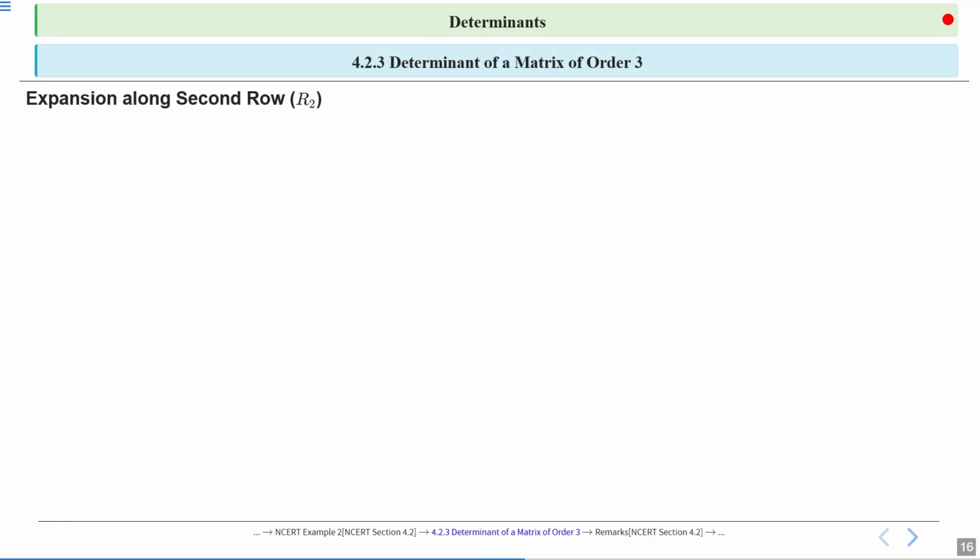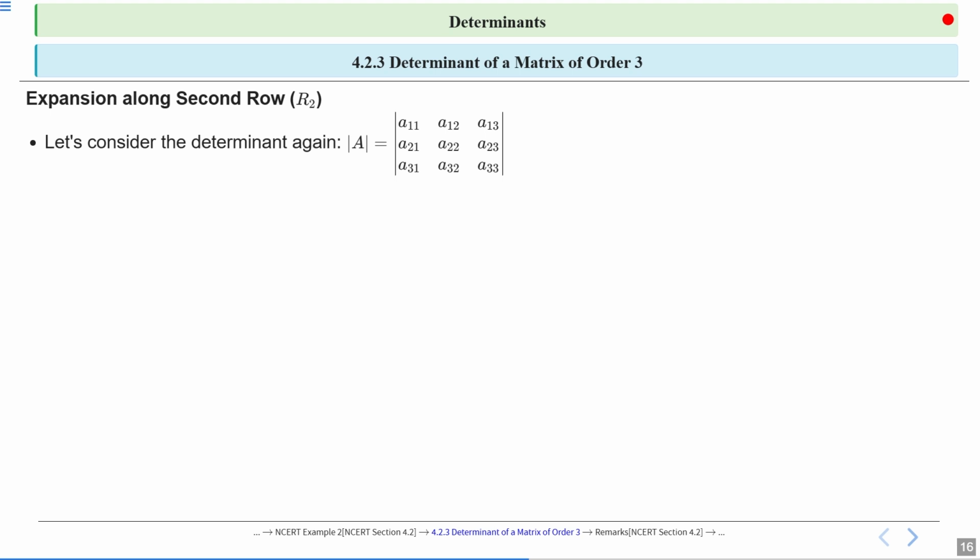Okay. Now expansion along the selected row R2. At first we expanded along row R1. Now we expand along the second row R2. We have to calculate the determinant of matrix A, that is A11, A12, A13, A21, A22, A23, A31, A32, A33. When I say cancel the first row and second column, just picturize this matrix and cancel.